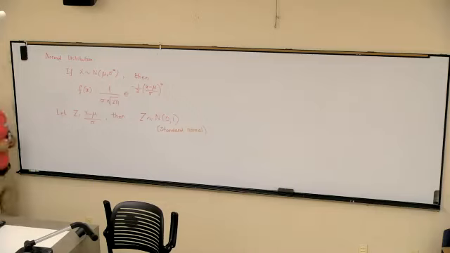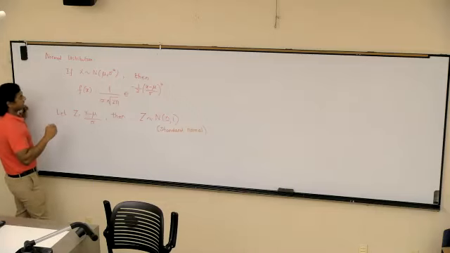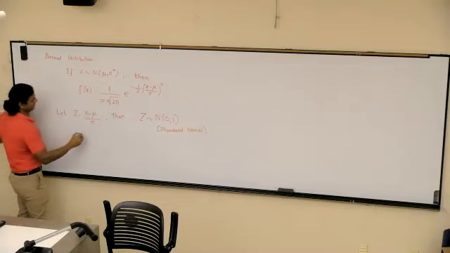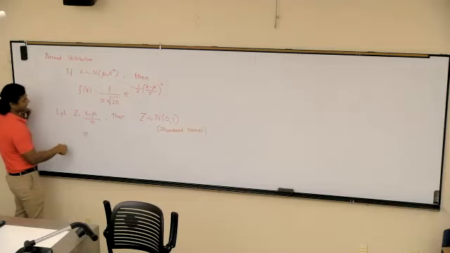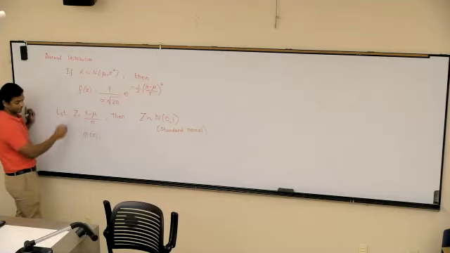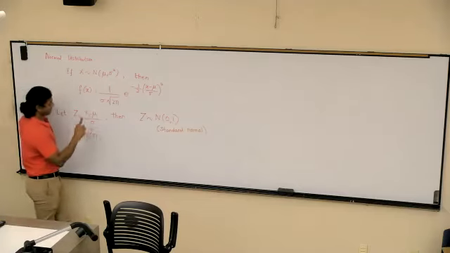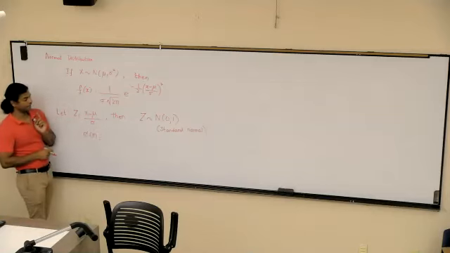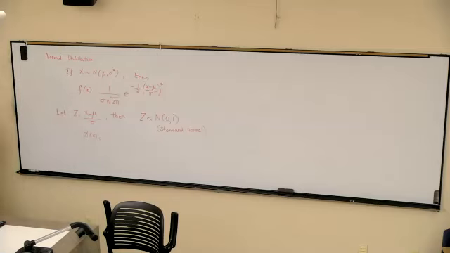Good. Your book uses phi. They do it in a funky way. I write phi this way. Phi of z is the density of a standard normal. Can you tell me what that density is by looking at it?